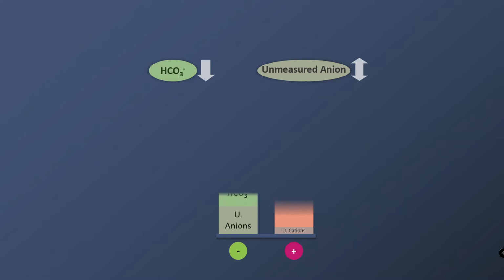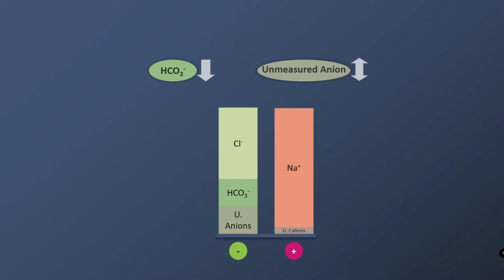So what happens? Let's suppose bicarbonate is decreasing, but unmeasured anions are the same. There is a decrease of bicarbonate without a concurrent increase in unmeasured anions, right? In such a condition, anion gap will remain normal. It will not increase. Yes, Dr. Imtiaz, are you understanding? Okay.